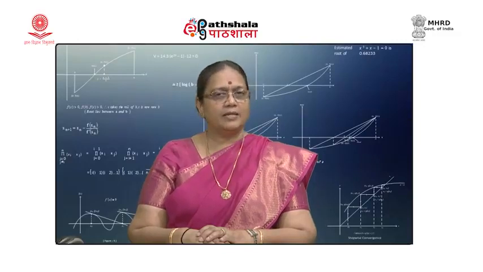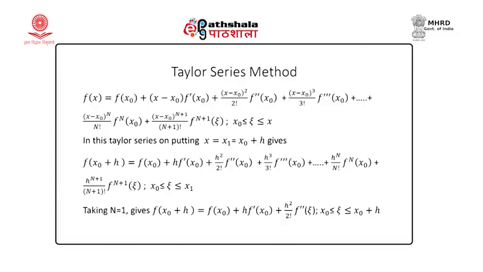So, let us look at the Taylor series formula. Taylor series is f(x) equal to, we know very well because you have learned it in the approximation by Taylor series. When we express a function about the point x0 in the powers of x minus x0, it is given by f(x0) plus x minus x0 into f dash x0 plus x minus x0 square by 2 factorial second derivative at x0, so on, x minus x0 cube by 3 factorial third derivative and so on.